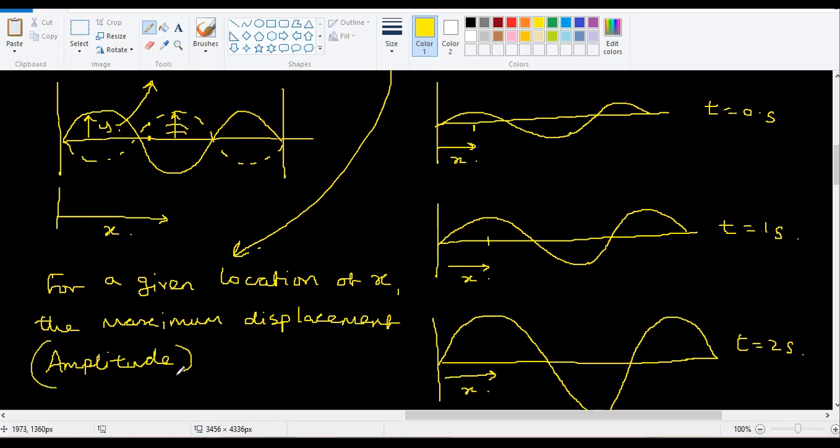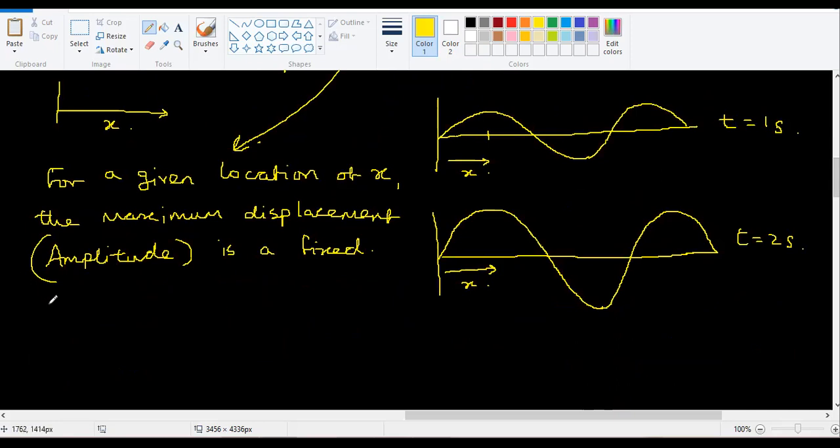The maximum displacement amplitude is a constant, is fixed or constant, given by 2a sine kx.